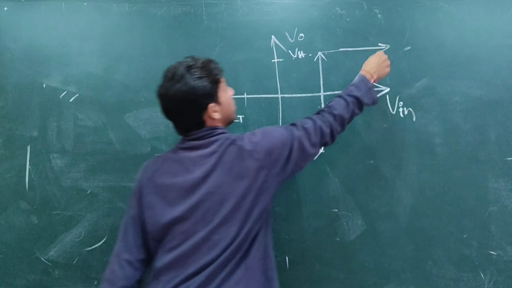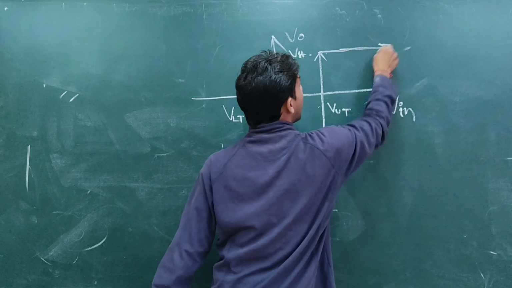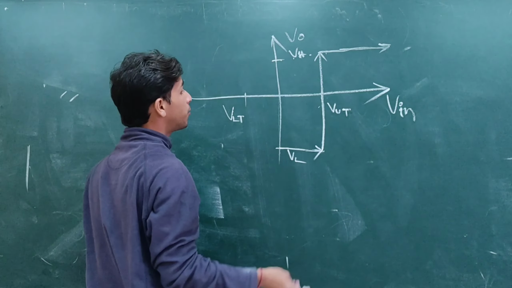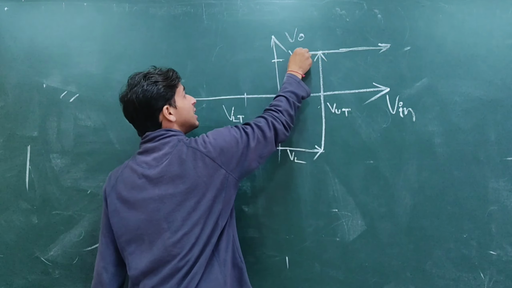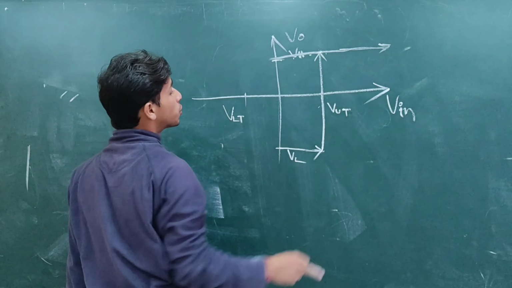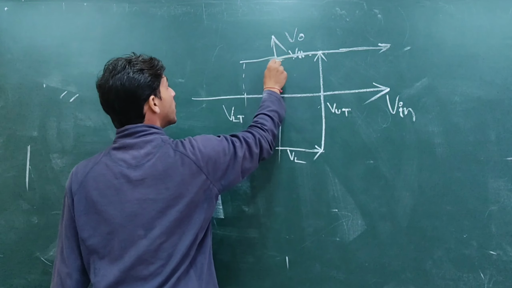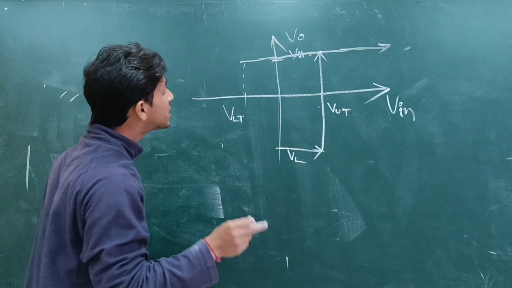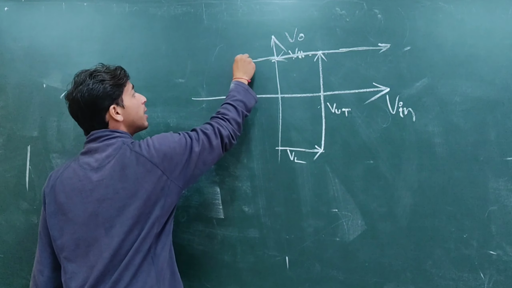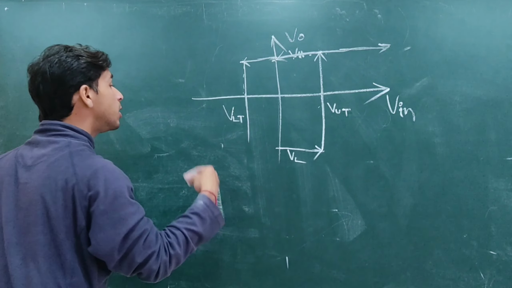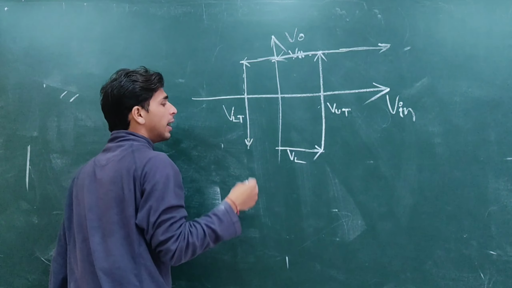So you see, the output is high if you are increasing the voltage, and for a decrease in the input voltage, it will also remain high until it reaches the lower threshold voltage. Once it reaches the lower threshold voltage, at this point the output will become low again.